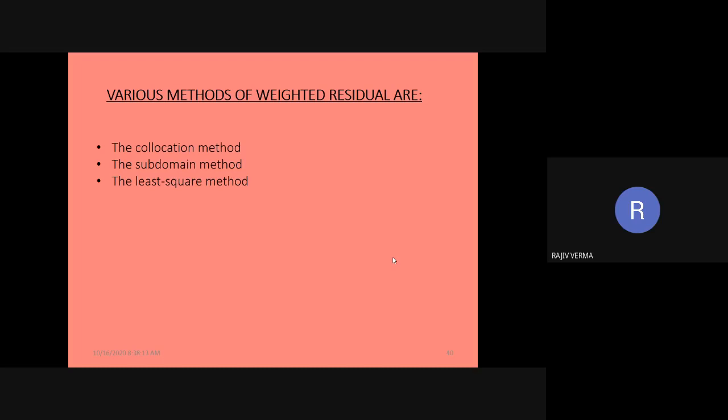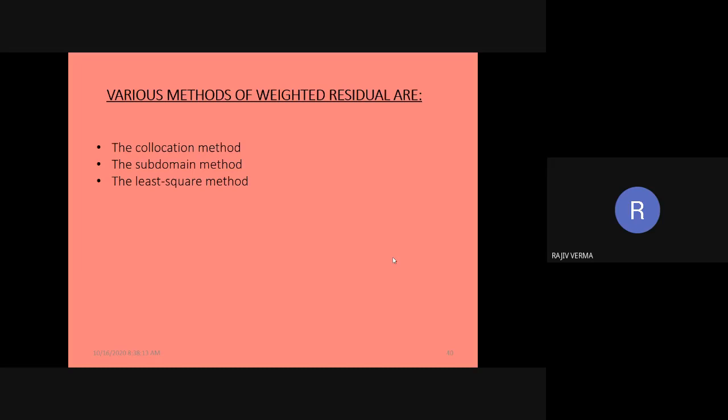If you substitute the constraint equations in the trial function, because you have two constraint equations and the trial function had four unknowns, the modified form of the trial function is going to contain only two unknowns now.